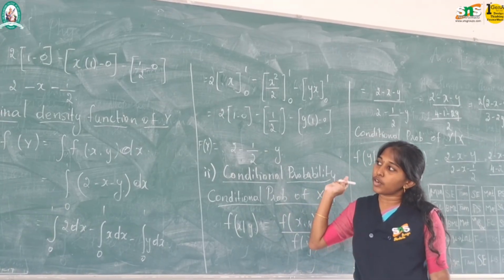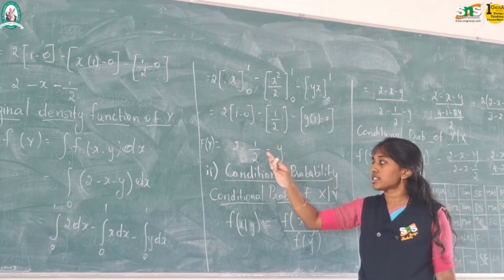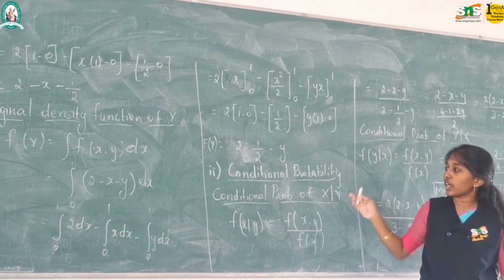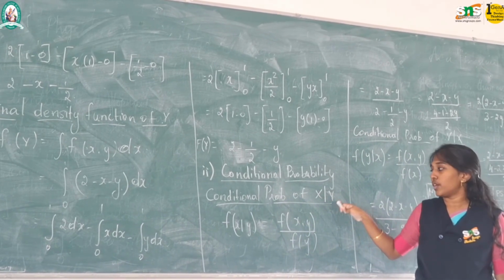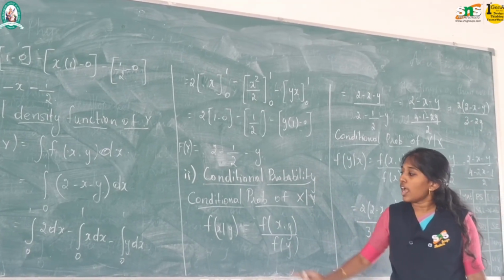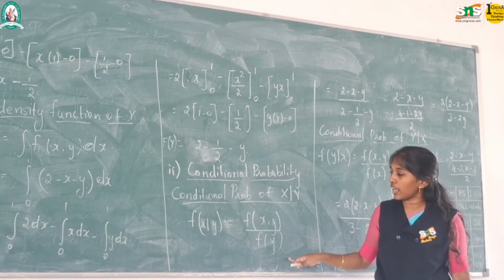So first we found the marginal density of x and y. Next, using these two terms, I am going to find the conditional probability. First we find the conditional probability of x given y. The formula is f of x given y equals f of x comma y divided by f of y.